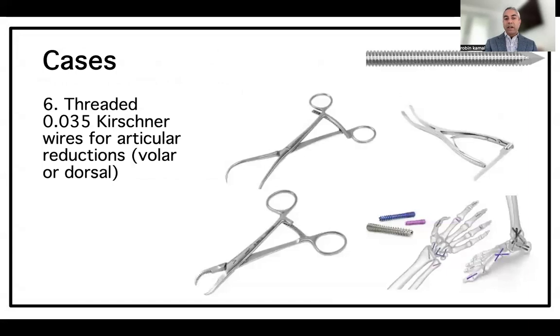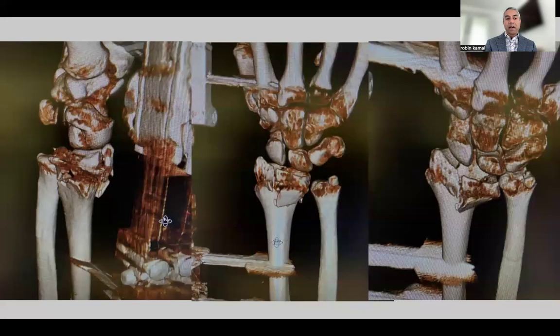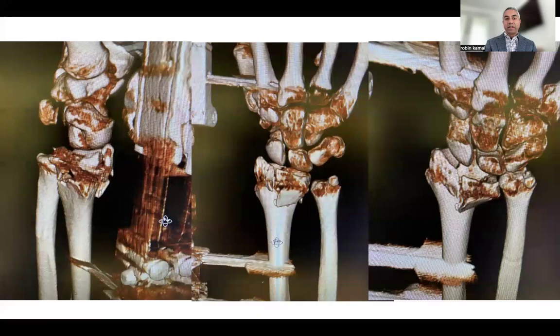I also always have threaded K-wires around for my intra-articular fractures. Here's an example of, again, a highly comminuted intra-articular distal radius fracture on the AP and lateral. Here's 3D reconstructions. There's an external fixator that's already holding it in place.